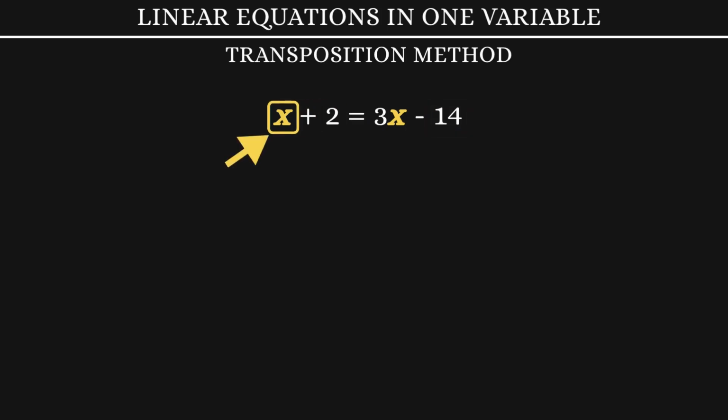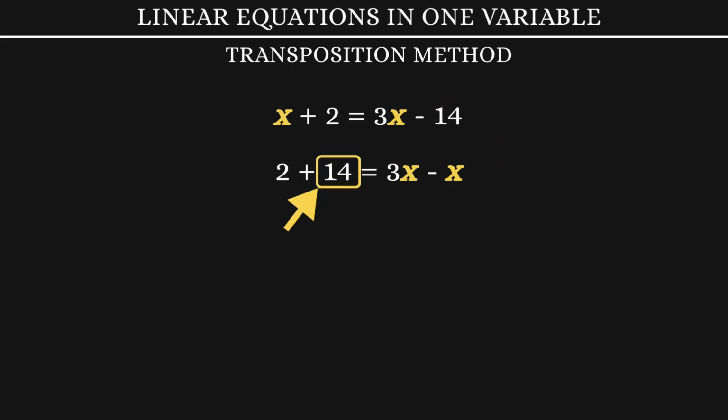So this x goes to the other side as minus x, and the minus 14 will come to this side as plus 14. 16 is equal to 2x, or you could say 2x is equal to 16.